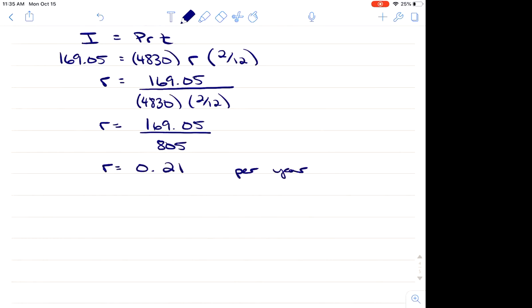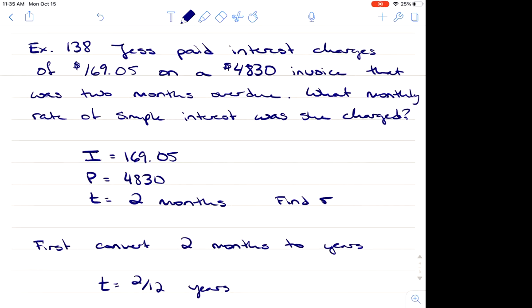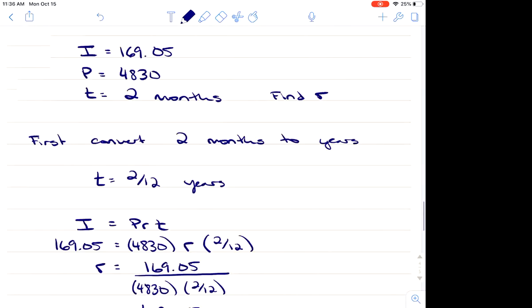Right. The question, though, asks for what monthly rate of simple interest was she charged. Right. So just like before, if I told you that the monthly interest rate was 1%, right, then we had to convert it to an annual rate. Right. Now we have an annual rate and we have to convert it to a monthly rate, right?